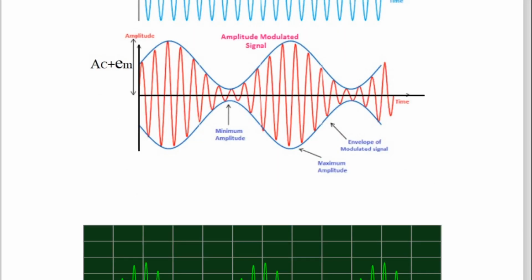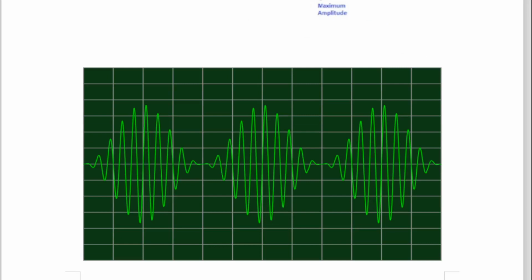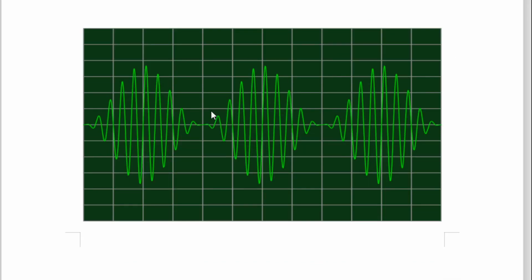Now let us go to exactly how an amplitude modulated signal looks on a CRO, cathode ray oscilloscope. You can see here a very nice waveform of an amplitude modulated signal. Again, if you join all these positive peaks, you will get the positive half cycle like this. And if you join all these peaks, you will get a negative half. So you will get the upper side band.